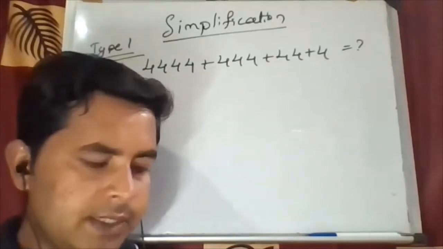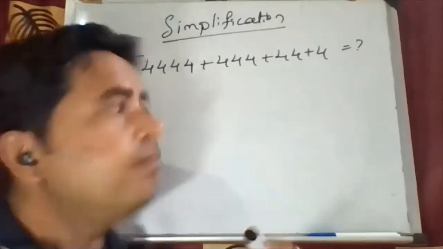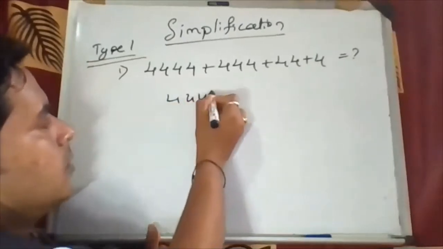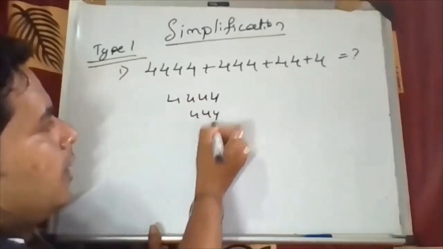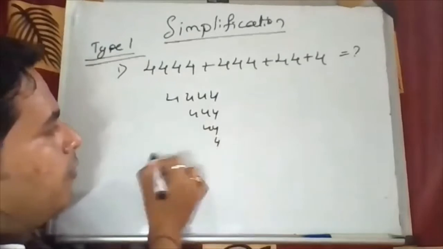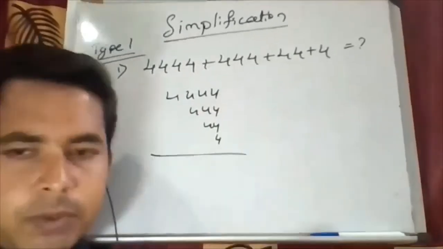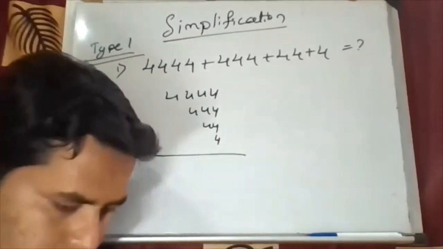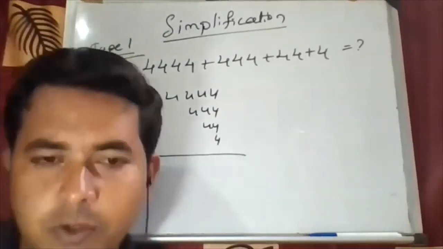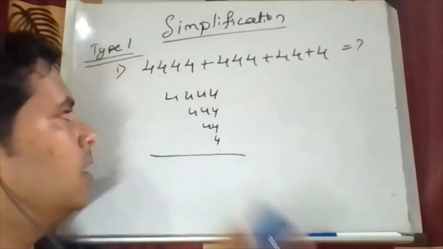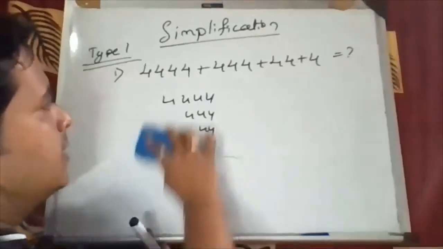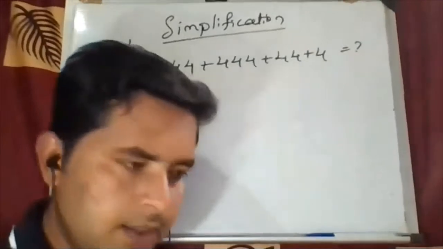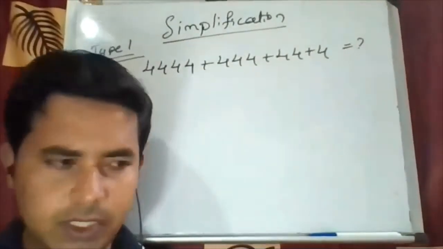Okay, so in this case, what we usually do is write the numbers like this, 4444, 444, 44 and 4, one above the other, and we add all these numbers and get the total. But while doing this it takes a little time, and sometimes it takes more than 1 minute also.